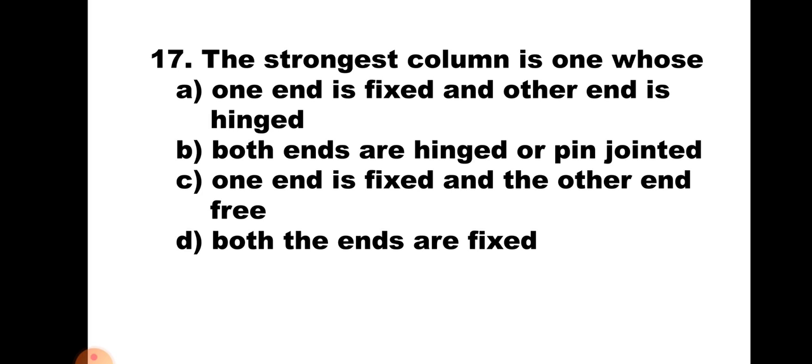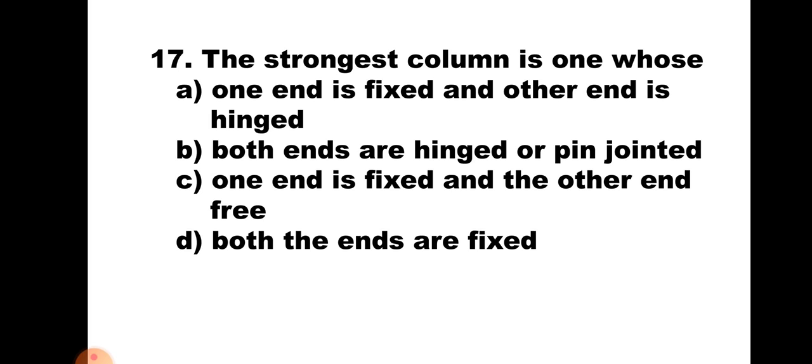Now here you are asked the strongest column. Now you know that the Euler's formula is pi square EI upon LE square. Hence LE is the effective length which is in the denominator.